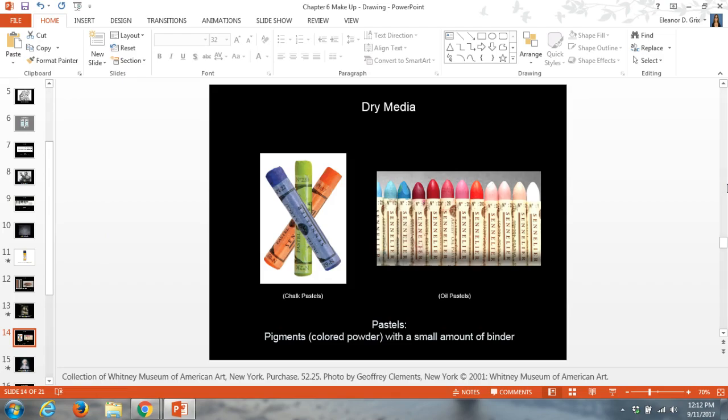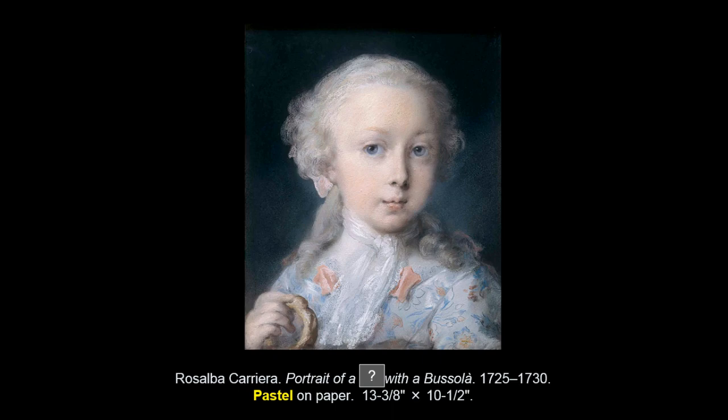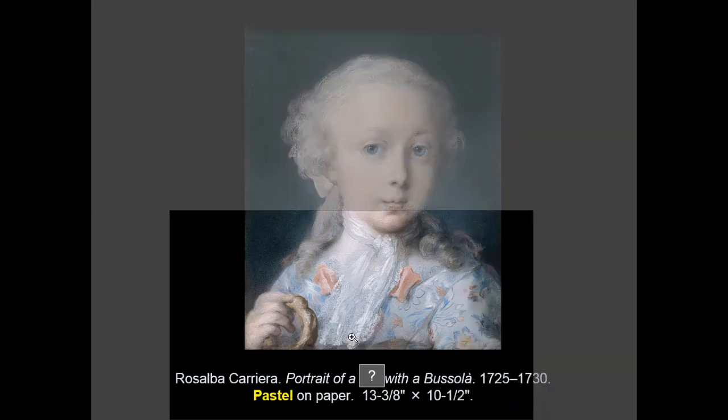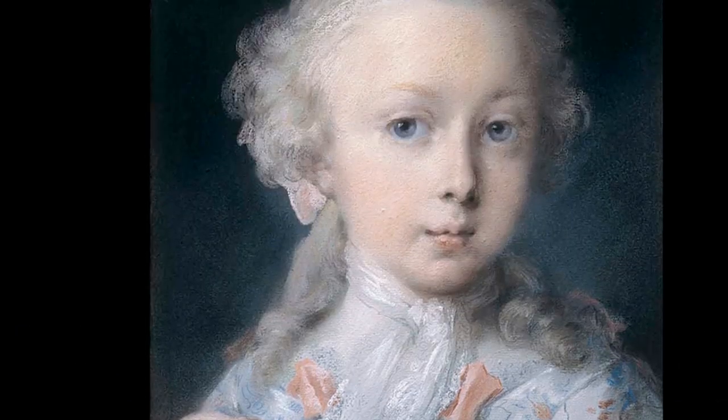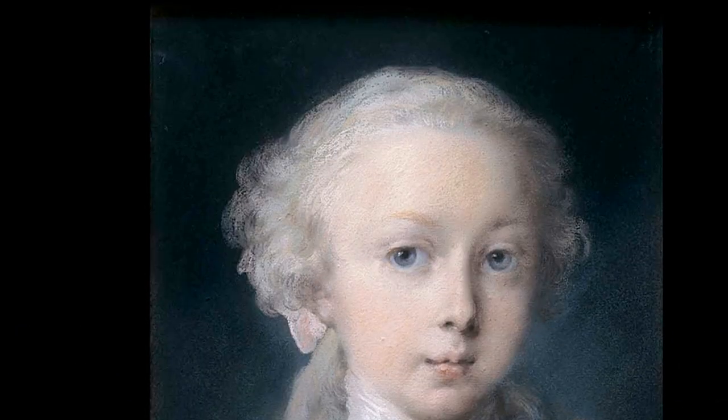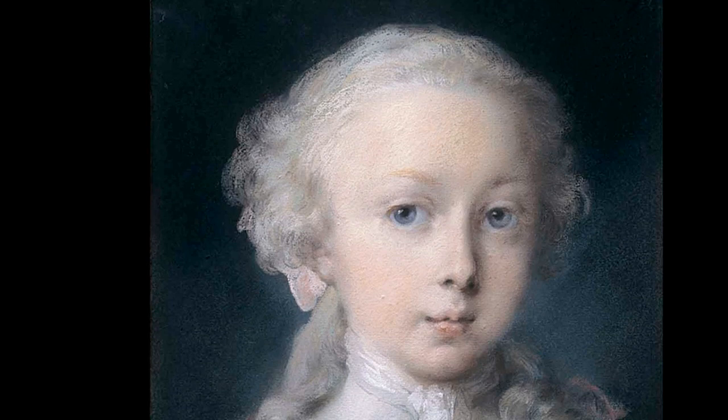Let's take a look at an example. All right, so this work of art here is done with pastels. If you were to say, wow, I really like this painting by Rosalba Carriera, I would take some points off, because this is not a painting, this is a drawing. This is done in pastels, and it's actually really, really good. Pastels can blend just the way that charcoals can.